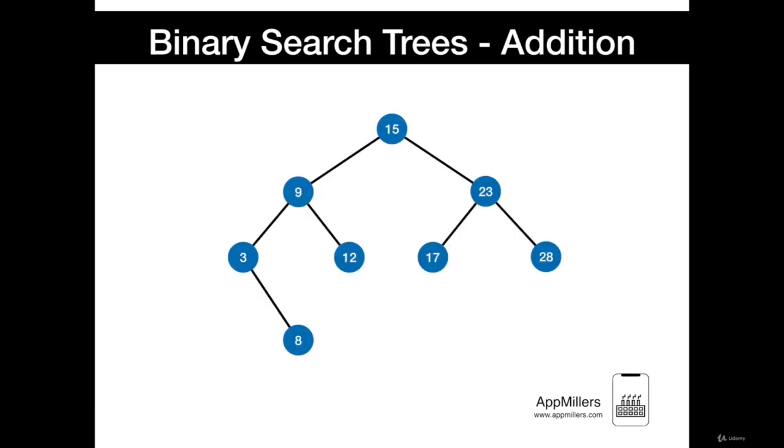Let's try to add a 4. Like before, we start at the topmost node of the binary search tree in order to find the additional node's proper location. We check and we see that 4 is less than 15, so it proceeds to the left. Then we compare it with 9 and 4 is less than 9, so we continue to the left. Then we compare it with 3 and 4 is greater than 3.